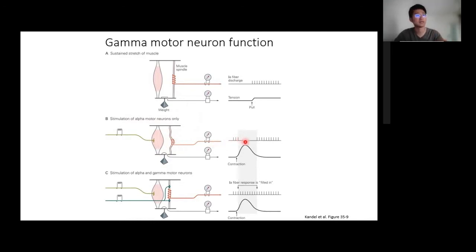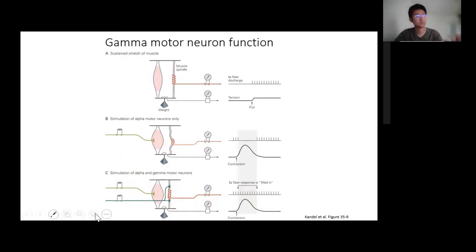In this case, it can no longer sense any length information. But in the next condition, when we activate the alpha motor neuron, we simultaneously activate the gamma motor neuron, which innervates the muscle spindle. So the muscle spindle becomes tight again, and these 1A axons can again sense the length of the muscle and give feedback to the nervous system.